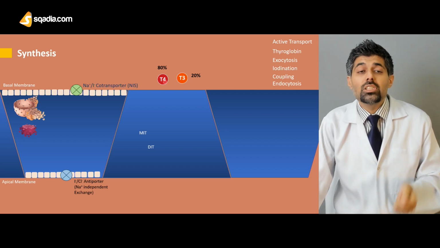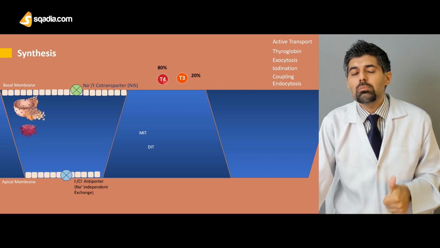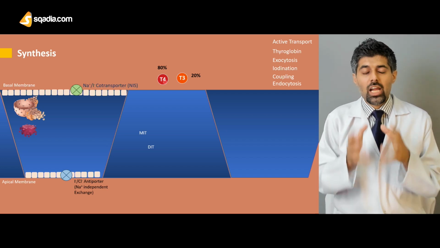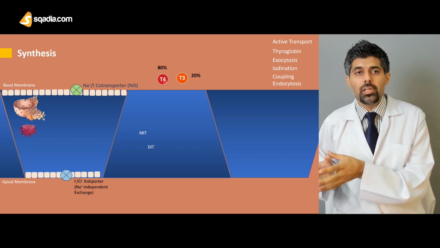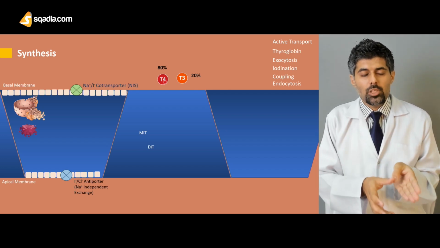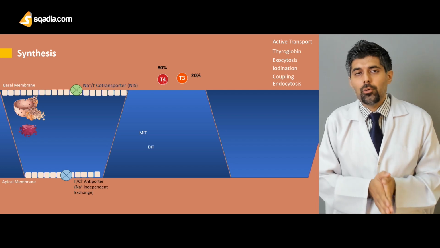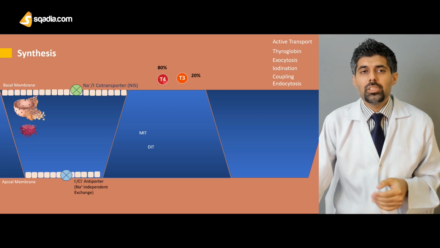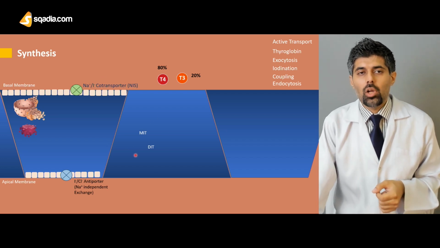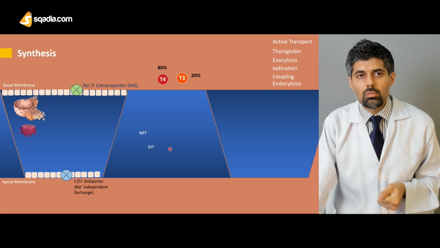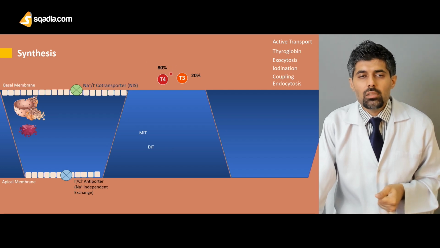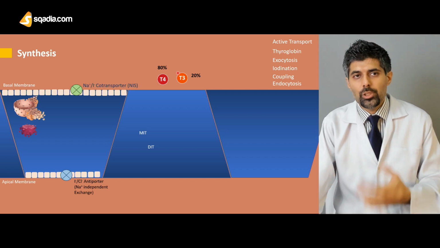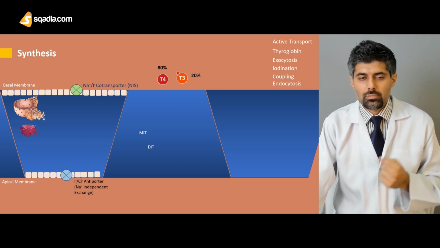It still shows some activity in some cells, but it does not have the potency of T3, while the monoiodo and diiodothyronine have no activity whatsoever, and for this reason they remain in the colloid in the follicle. They do not move into the bloodstream. It is only T3 and T4 that are moved into the bloodstream.